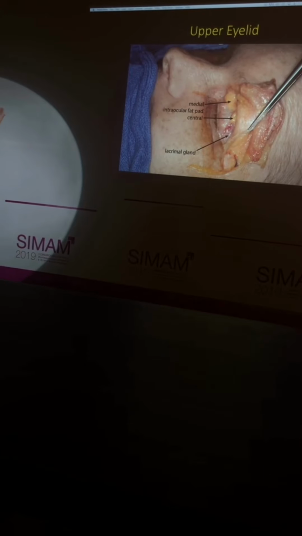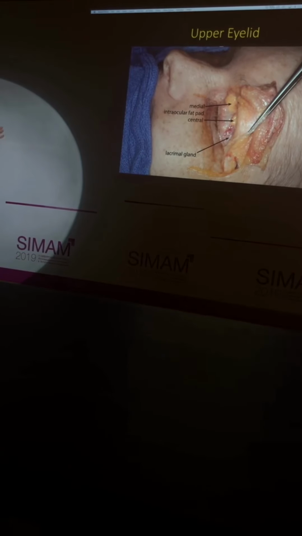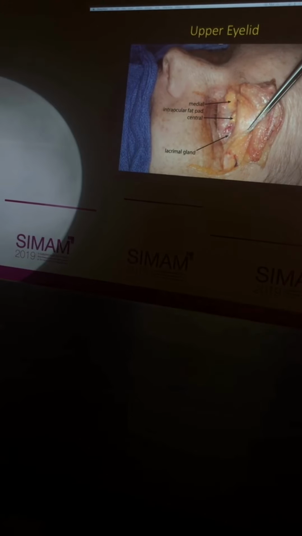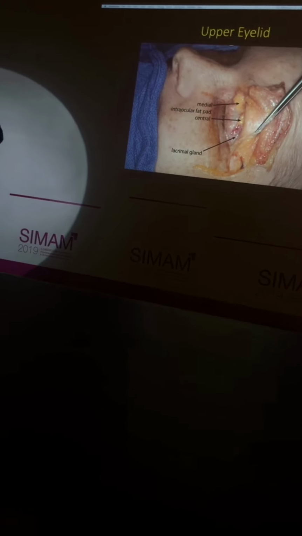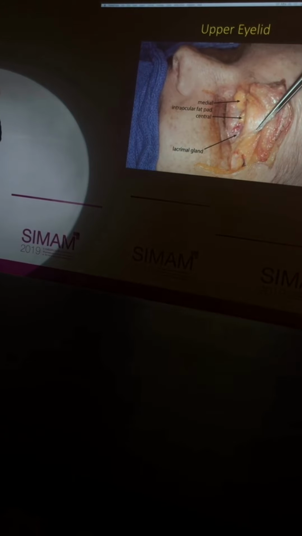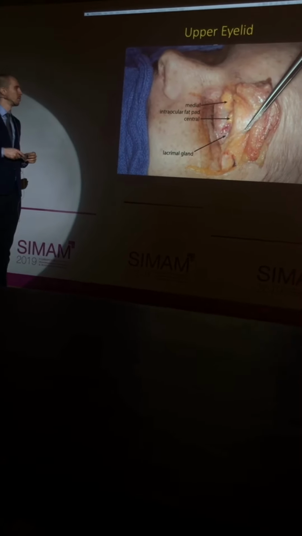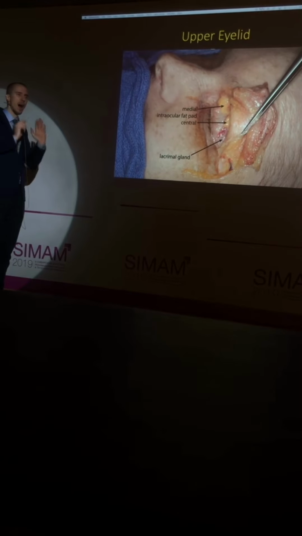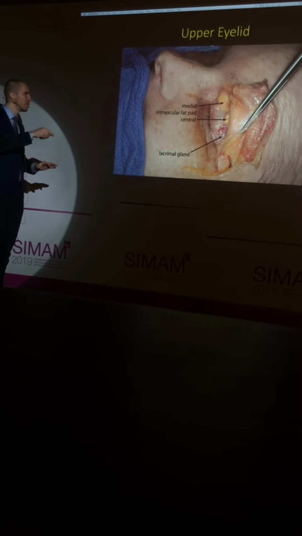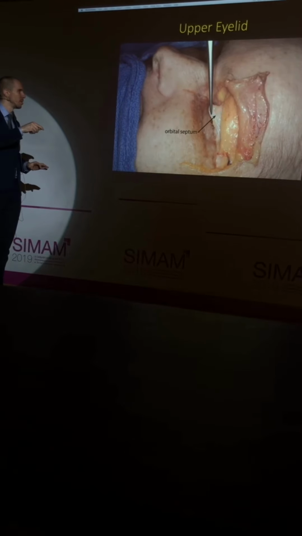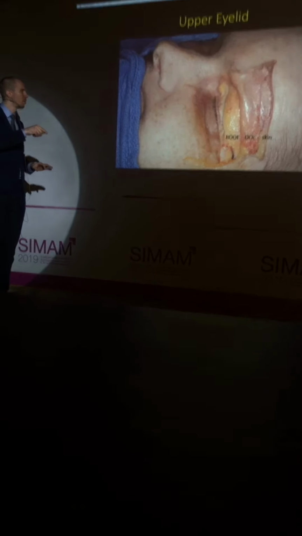This reveals deep intraocular fat compartments, which we have nothing to do with. И перед нами открываются глубокие компартменты интраокулярного жира, с которыми мы, как правило, не работаем. So they are behind the orbital septum. This is the orbital septum. Они закрыты орбитальной перегородкой.